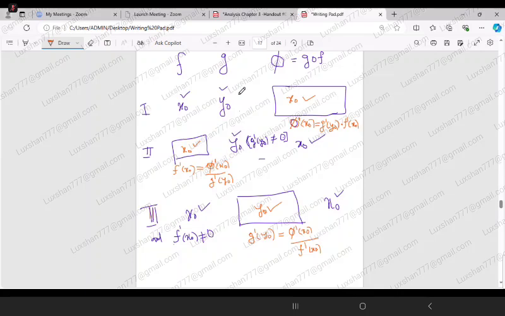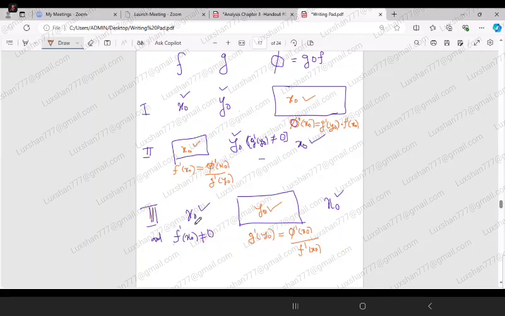Second situation, g is differentiable at y naught and g dash y naught is not equal to 0. Phi, the composition function, is also differentiable at x naught. Then we can talk about f dash x naught, and the formula will be: f dash x naught is equal to phi dash x naught over g dash y naught.